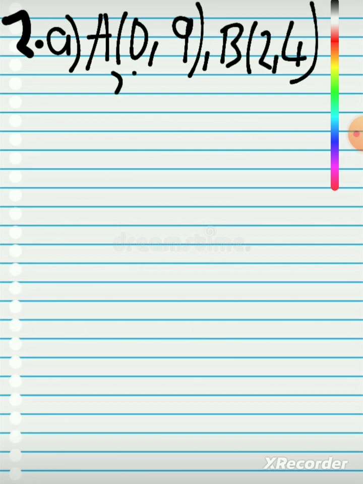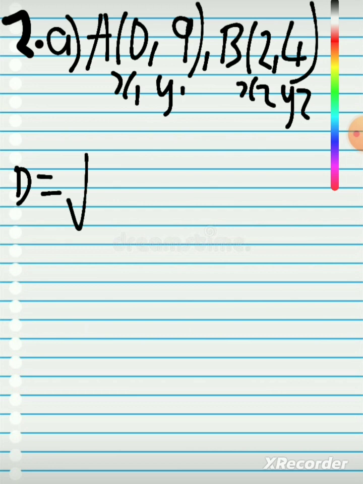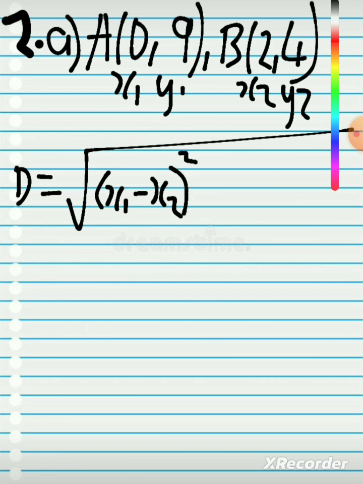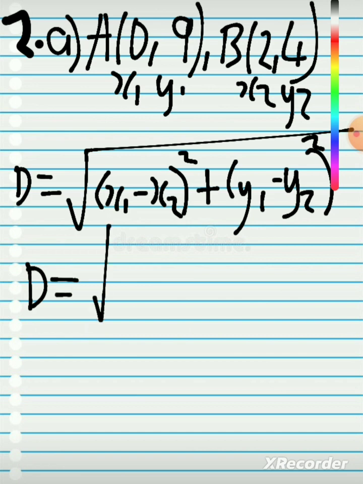Again, the first thing is to name them x1, y1, x2, y2. So distance is given by square root of x1 minus x2 squared, or if you want, you can start x2 minus x1, doesn't matter, plus y1 minus y2 squared. Okay, so it's going to be distance is equal to square root.